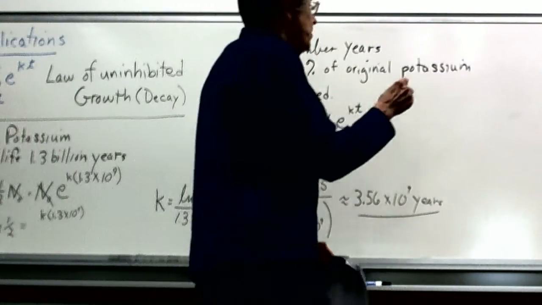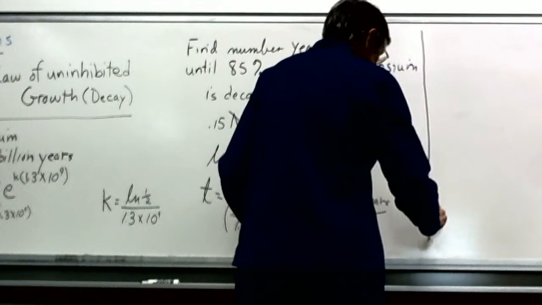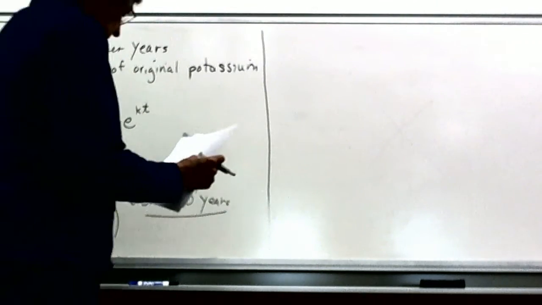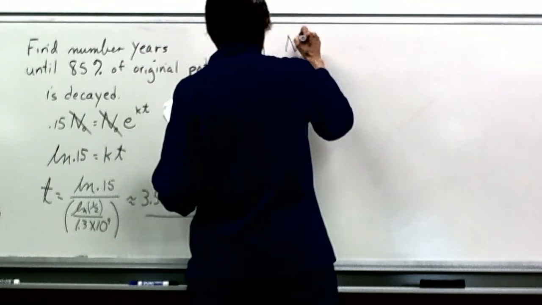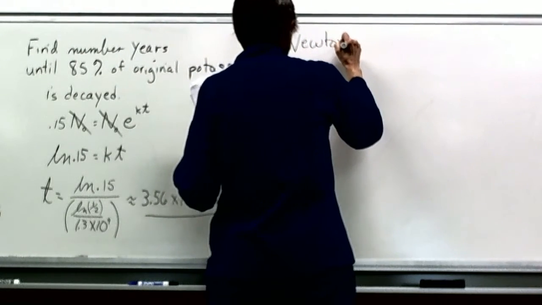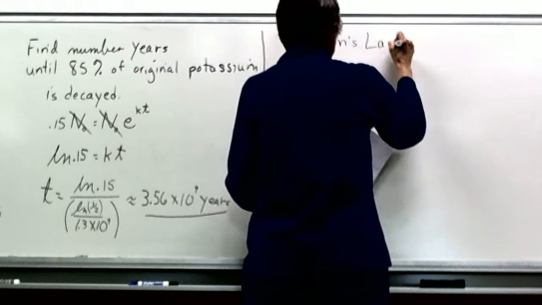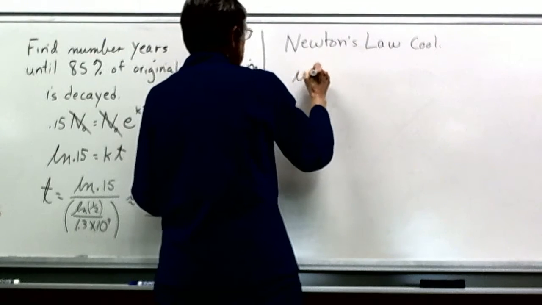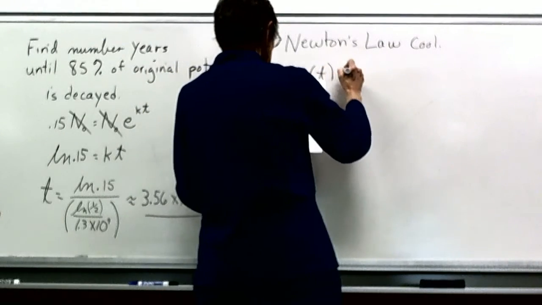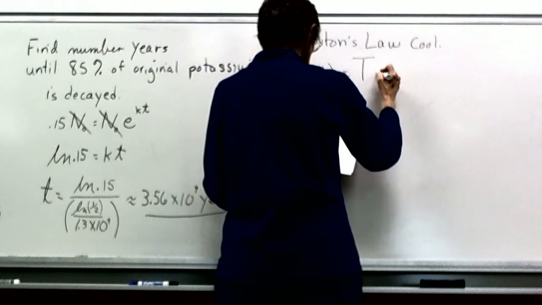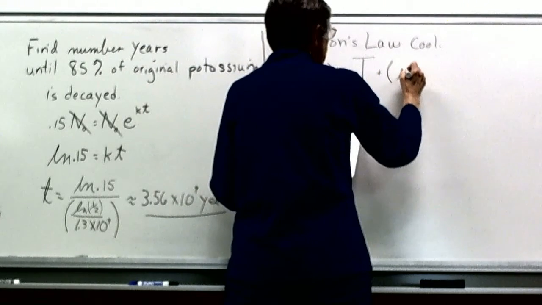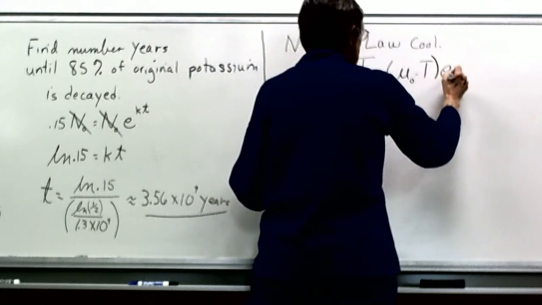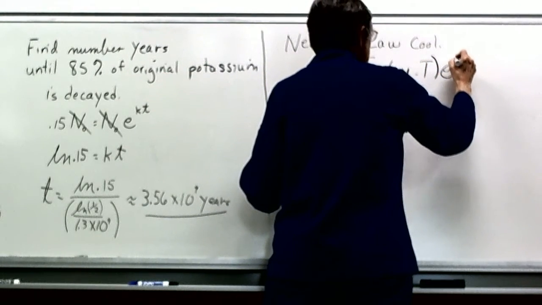Okay, another application that we have in this section is called Newton's law of cooling. And it looks like this. U of t is equal to capital T plus U naught minus capital T once again, e to the kt.